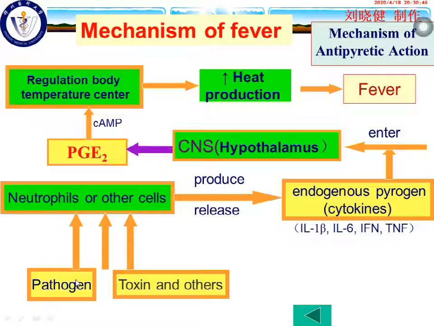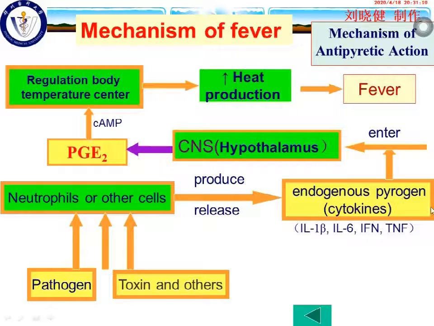When the tissue has an infection with some pathogens, these pathogens and toxins or other stimulating substances can stimulate neutrophils and other cells to produce and release endogenous pyrogens, such as some cytokines.